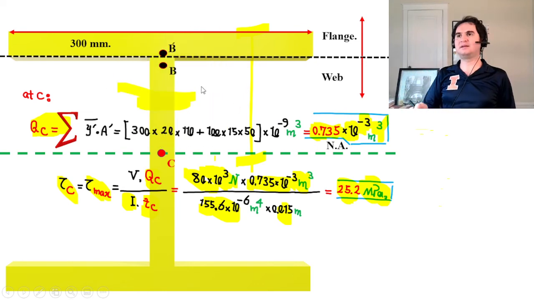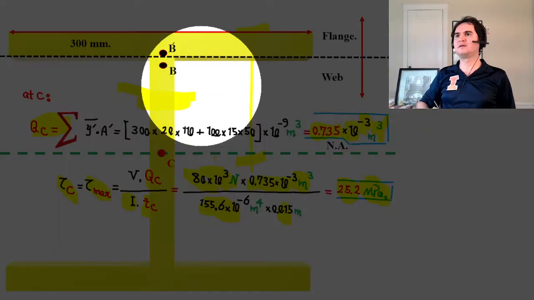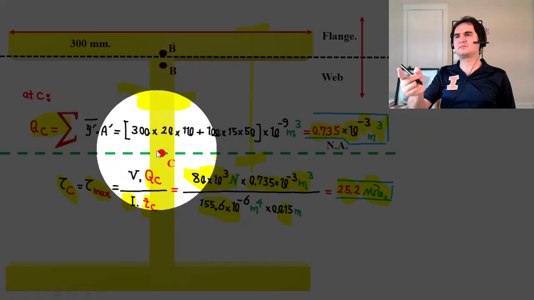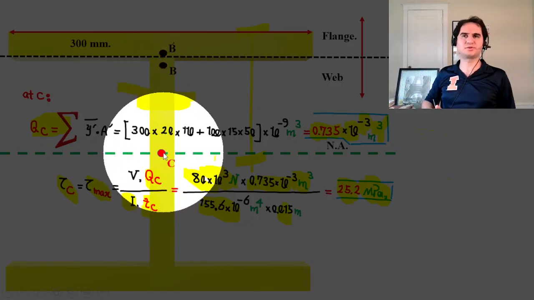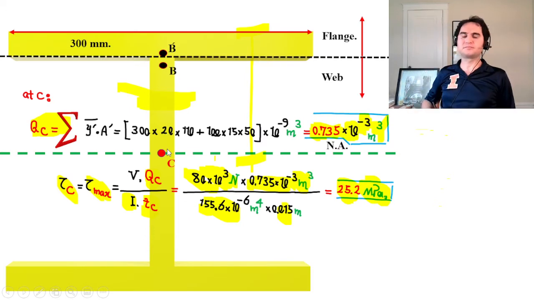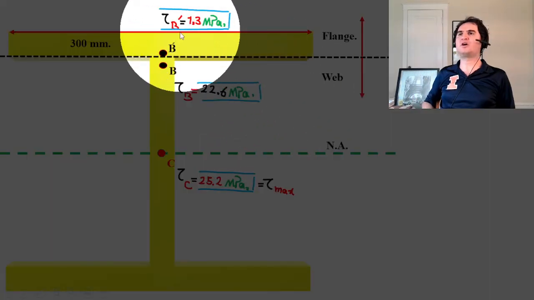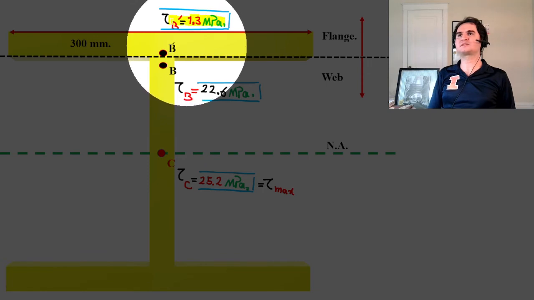And then the other one is just a point C which lies at the centroid. Let's see if we want to observe them. It just gives us tau B prime is 1.83 megapascal.